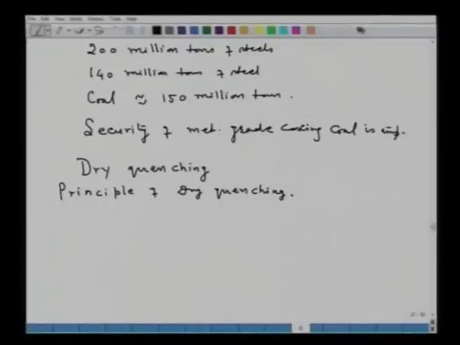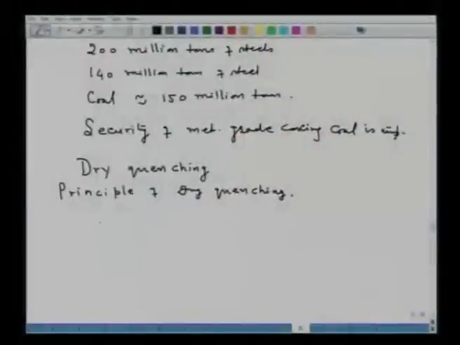In order to apply this concept and develop a technology, the first thing is that we need to design a reactor, we need to design the boiler, and we also have to see the cleaning of the coke oven gas, because it may contain dust particles and so on.